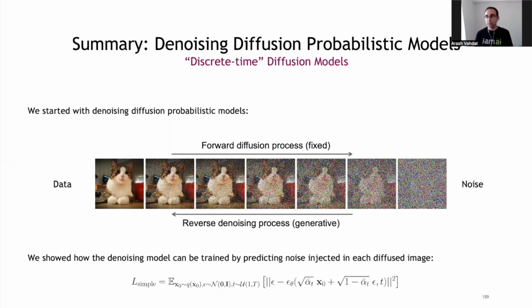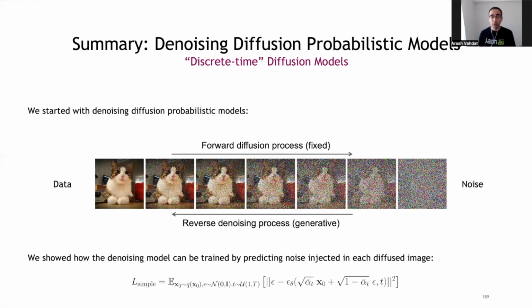At the beginning of this video, I started talking about denoising diffusion probabilistic models, which is a type of discrete time diffusion model. I showed you how these discrete time diffusion models can be described using two processes: a forward diffusion process that starts from data and generates noise by adding noise into the input, and a reverse denoising process that learns to generate data by starting from noise and denoising the input image one step at a time.